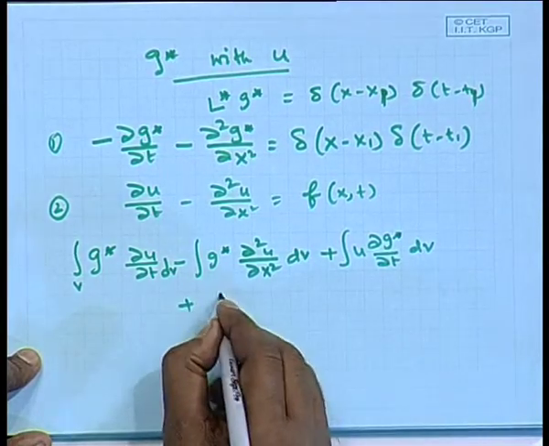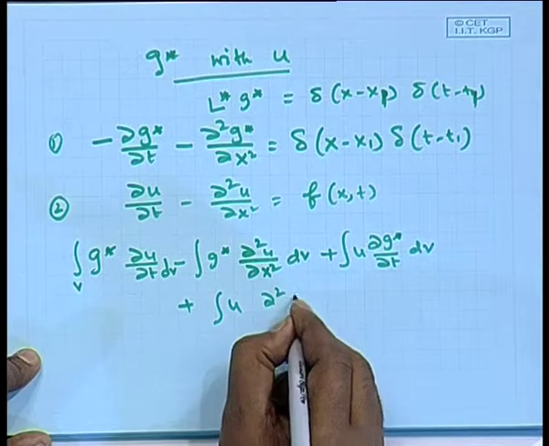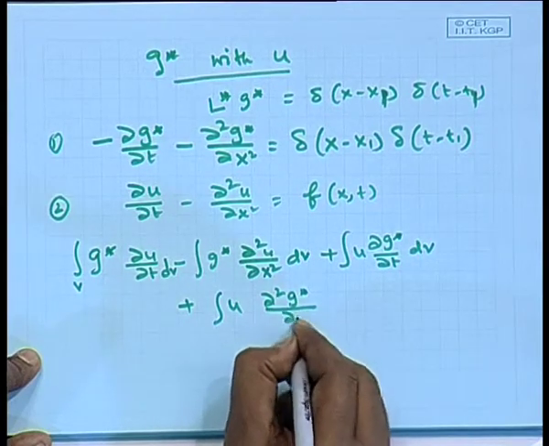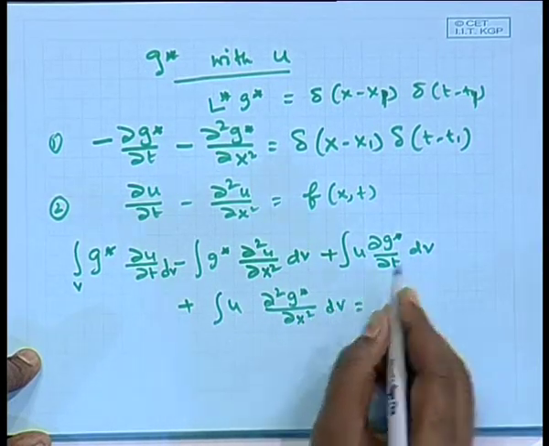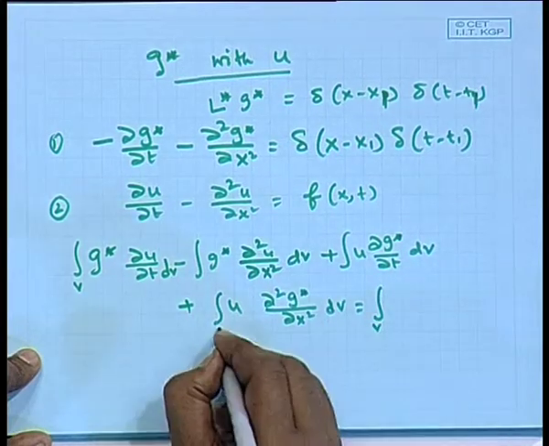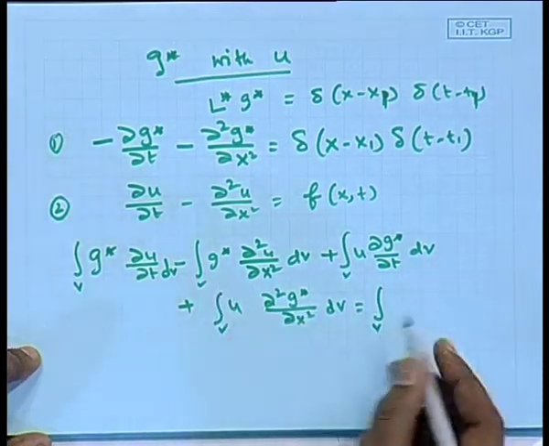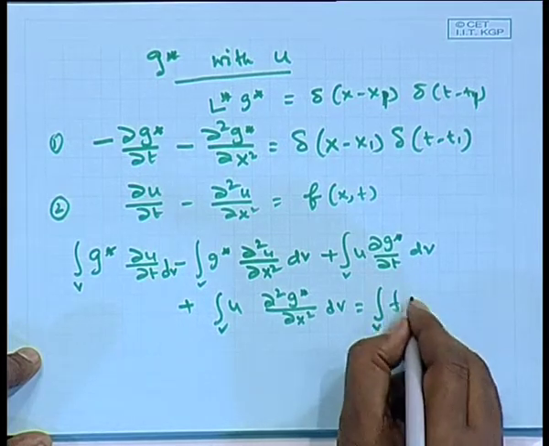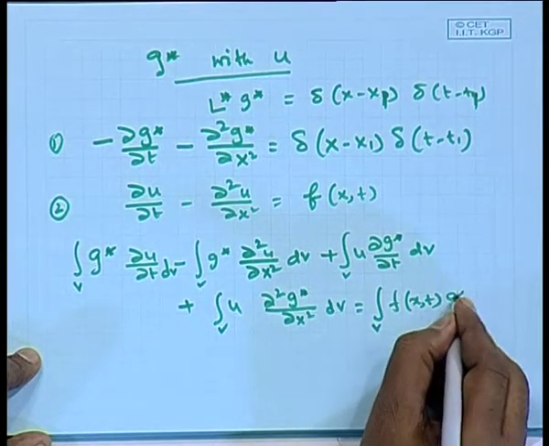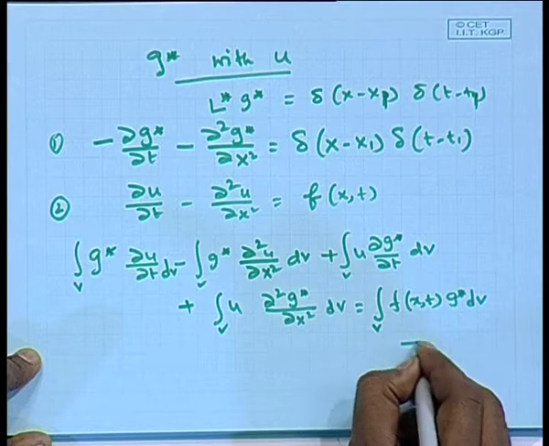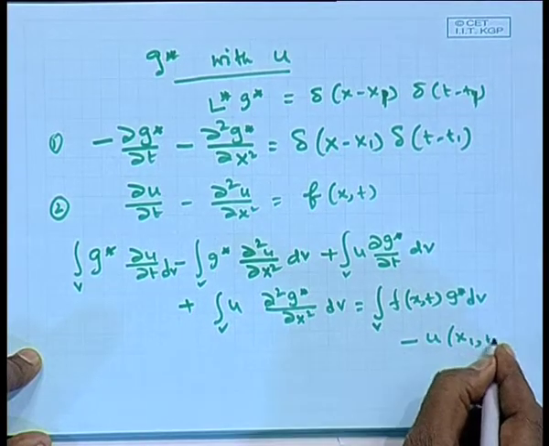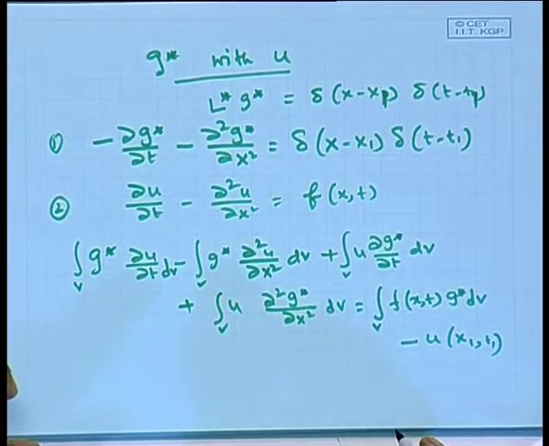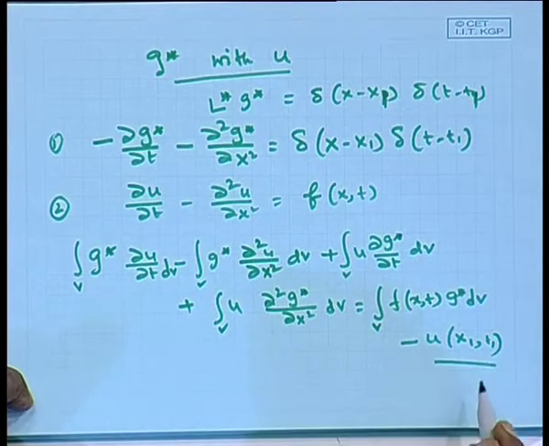So again 1 minus minus plus u del square G star/del x square dV is equal to, over volume, this integral over volume is basically dx dt, f of x, t G star dV minus u of x1, t1, okay. That is by the property of the Dirac delta function.